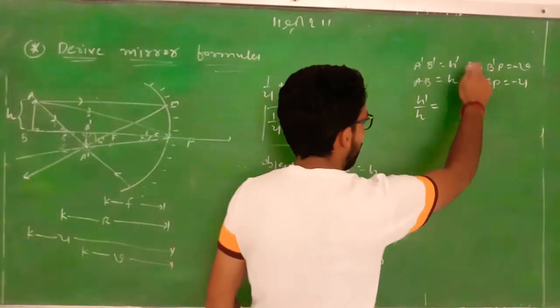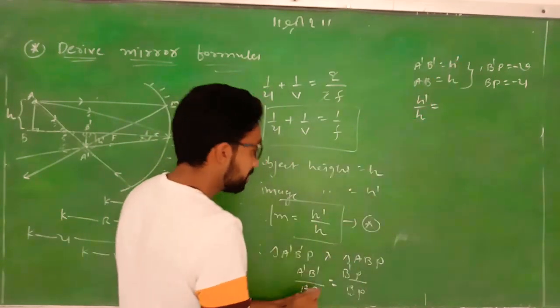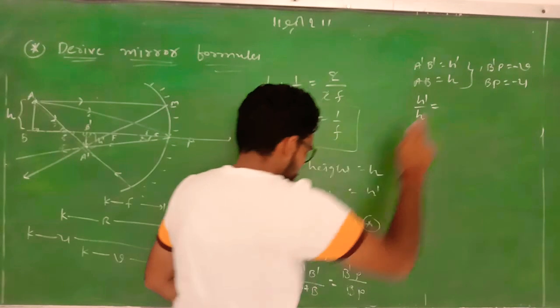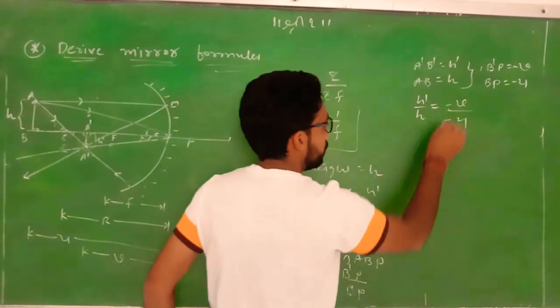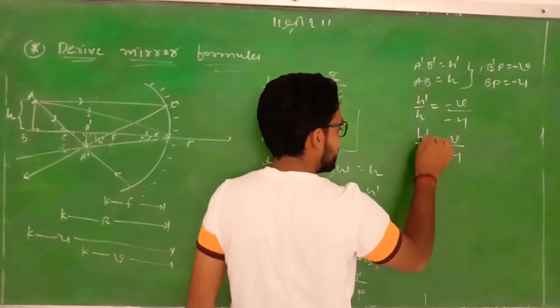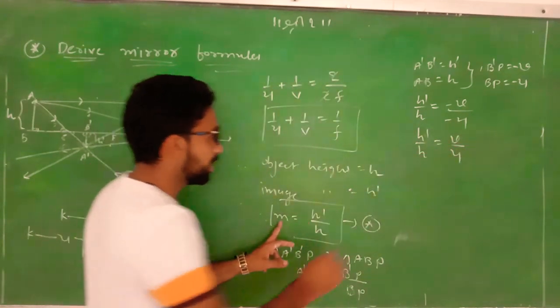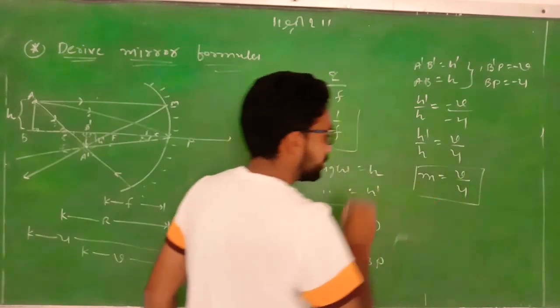So put these values here: A dash B dash is h dash, A B is h, B dash P is minus v and B P is minus u. Minus minus cancel. h dash by h is equal to v by u. But h dash by h is the magnification m. So m is equal to v by u. This is the magnification equation.